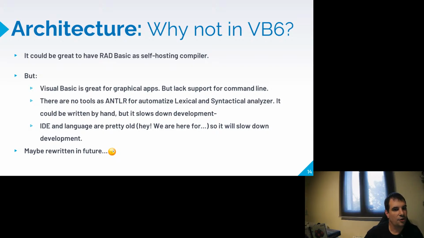But not all languages have self-hosting compilers. For example, the Java compiler from the JDK from Oracle is written in C. The most used Python is written in C too. So a self-hosting compiler is a good thing, but it is not mandatory.